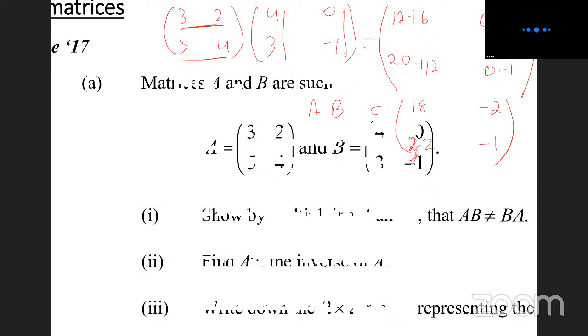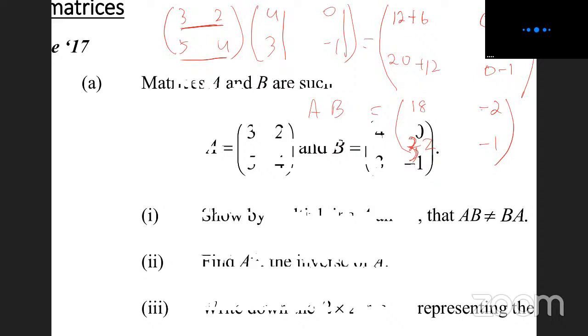Sorry, 32. 18 minus 2, 32 minus 4. Because we're doing 5, 4 by 4, 3.